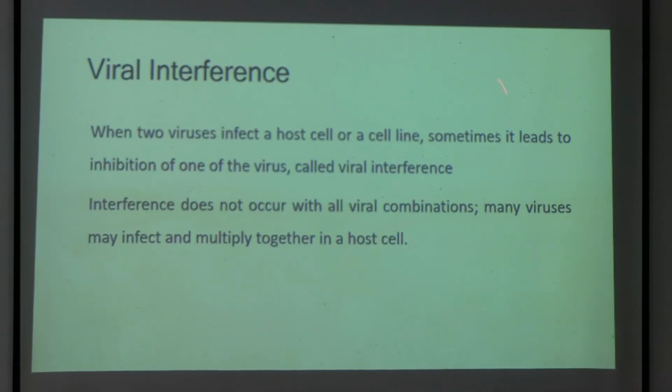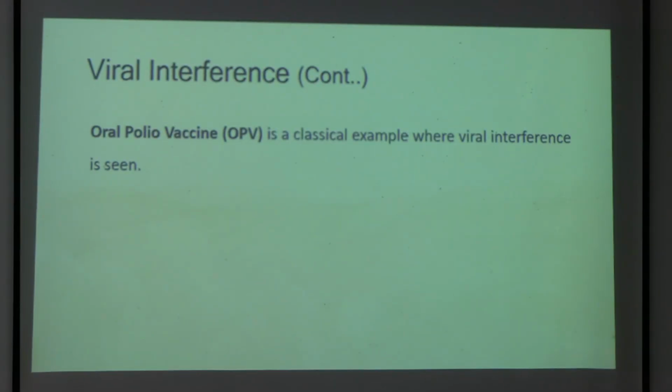Then another thing called viral interference. Viral interference is when two viruses infect a host cell and it leads to inhibition of one of the viruses. So one virus will inhibit another virus. OPV is one of the classical examples of viral interference.